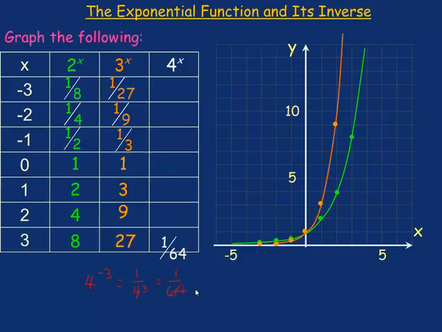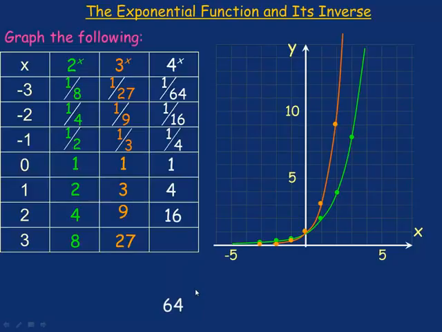So that first y value would be 1 over 64. And then we would have 1 over 16. 4 to the -1 is a quarter, 1 over 4. 4 to the power of 0 is 1, 4 to the power of 1 is 4, 4 squared is 16, and 4 cubed would be 64. And of course the last couple are too high to graph, but we can graph the first several.